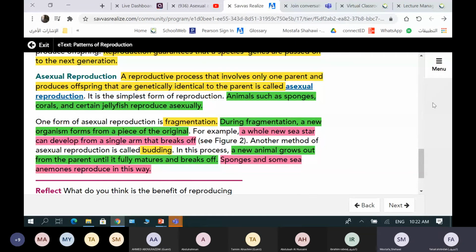It is the simplest form of reproduction. Animals such as sponges, corals, and certain jellyfish reproduce asexually.